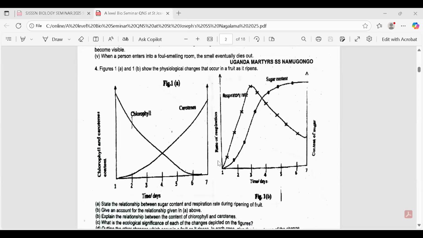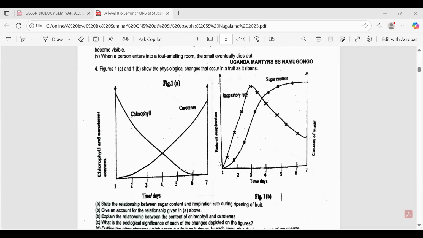So that's the reason carotenoids were increasing, to add color to the fruit to attract dispersal agents. Have we noted that? Carotenes are colored to attract dispersal agents to enable the dispersal of seed from one area to another. That's why it was colored.